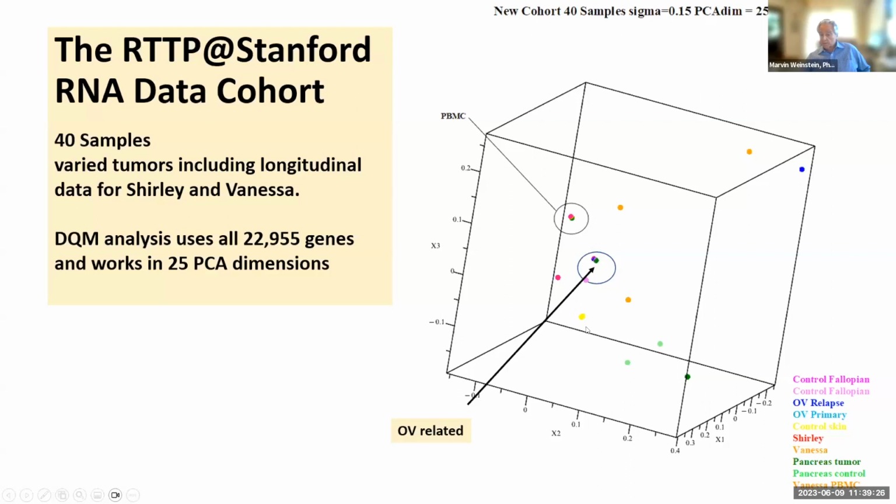Down here are some control samples. The red points that we see are, so here is a red point, that's a Shirley PBMC point. Here are two Shirley points, which were provided originally. Here is a third one, which does not cluster with anything.